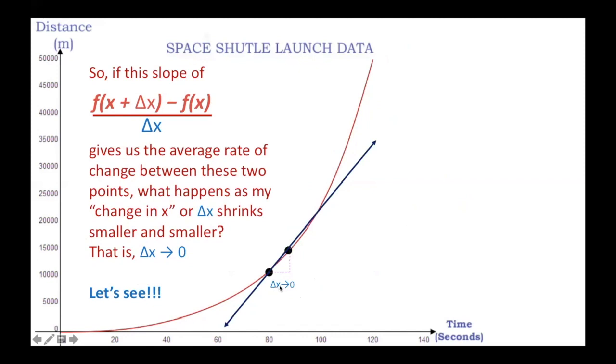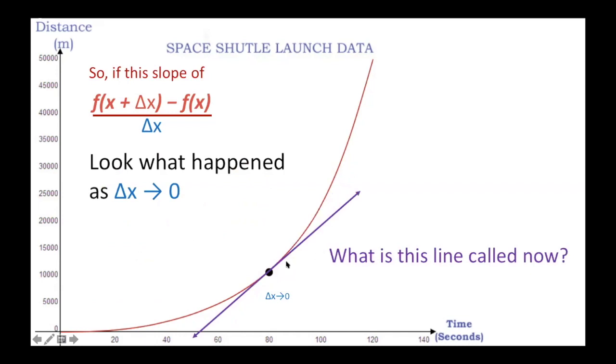Now I made delta x even smaller. There's less distance between these 2 points, and there's hardly any space between the secant line and the curve. And then finally, I shrunk down delta x so infinitesimally small, there's practically 0 space between the 2 points.